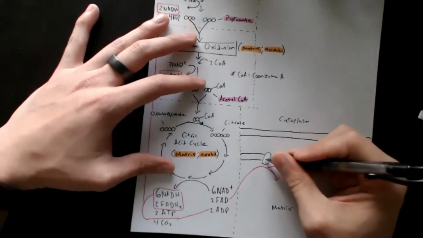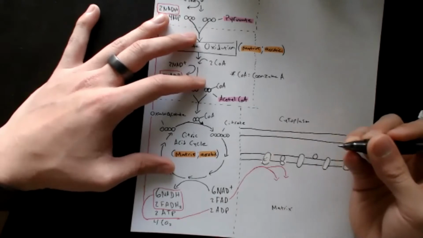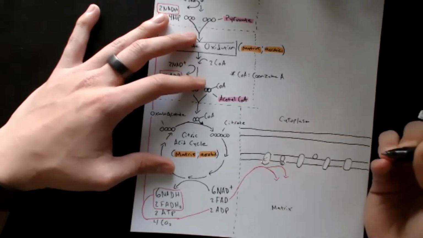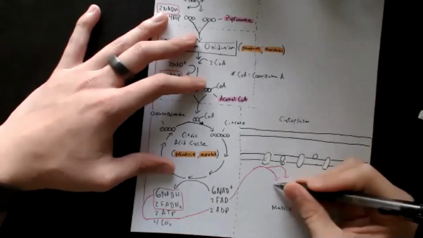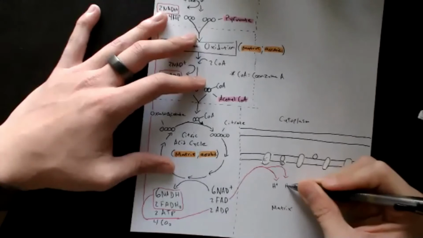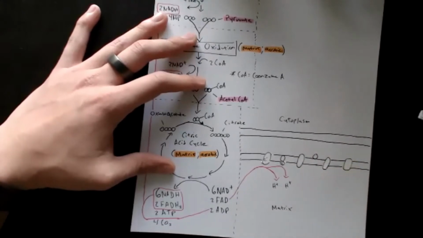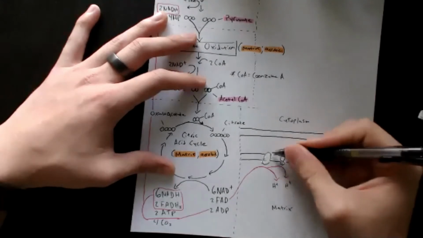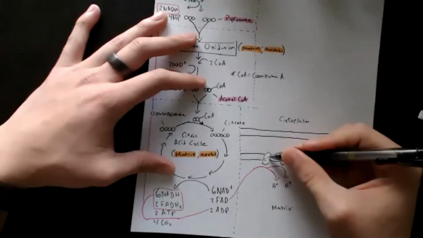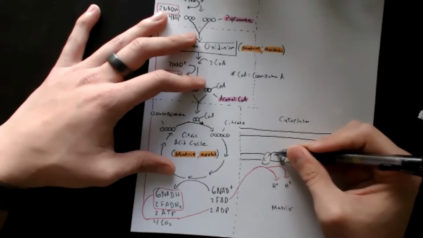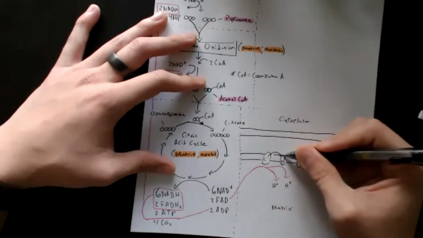So I'll just draw a little electron here. This drops off an electron here. And then remember, NADH drops off its protons. Same with FADH2. And like I said earlier, this electron really wants to move to this protein here, so it's going to bounce from protein to protein to protein.